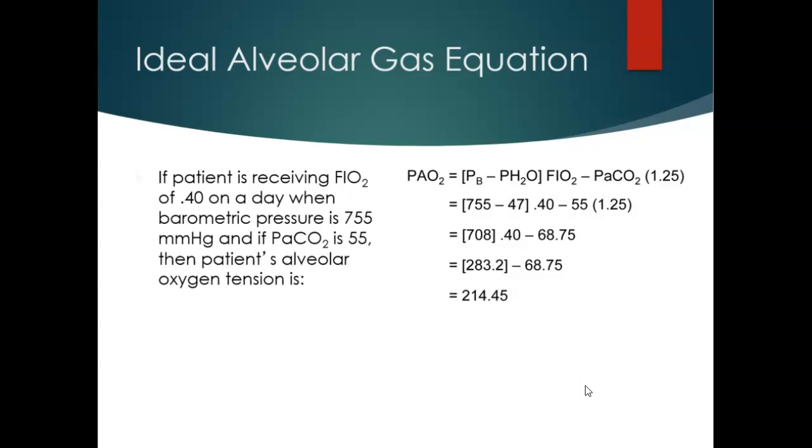So you take that barometric pressure of 755 and plug it in right here. Partial pressure of water is always going to be 47. My FiO2 gets plugged in here. My PCO2 gets plugged in there. All right, I do some math, parentheses first, which gives me 708.